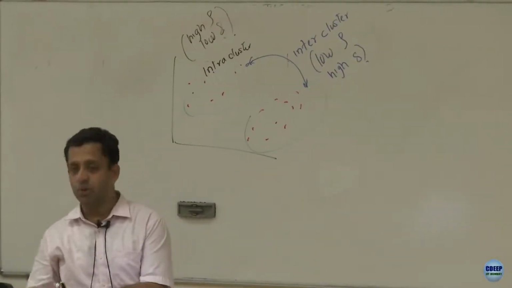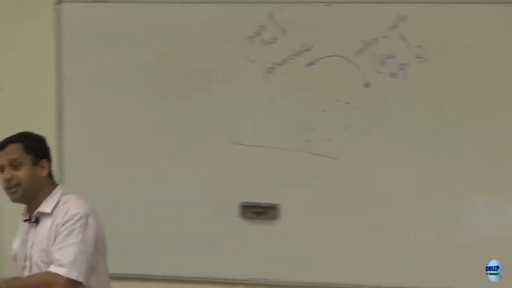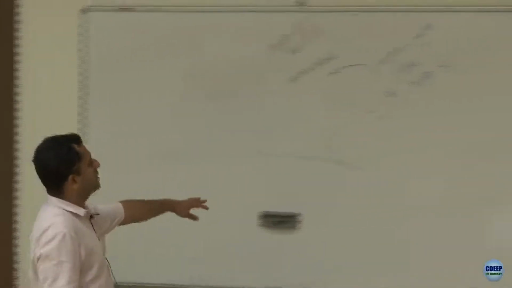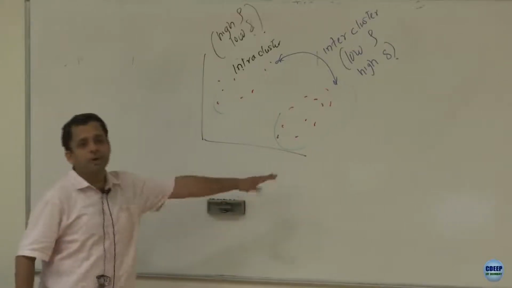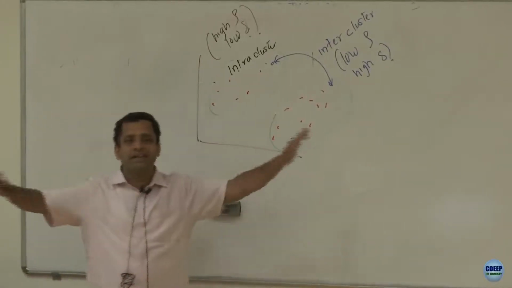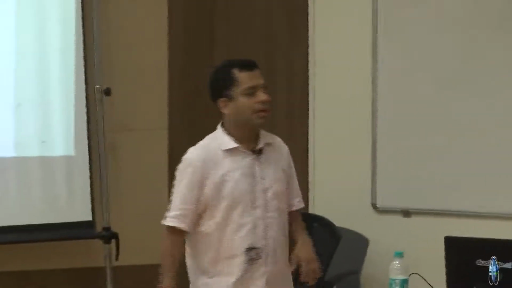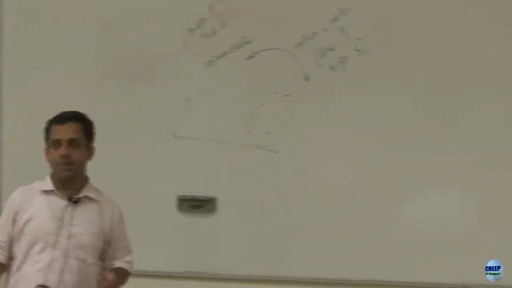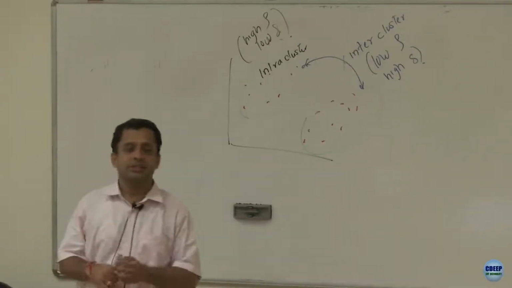Okay, so it's important to qualify what you mean by high or low, whether it's within a cluster or across clusters. So if you think that this is below poverty line, then you want that below poverty line and above poverty line are very clearly separated from each other, have good distance between them, or are not very similar to each other. But those who are below poverty line should have similar features.